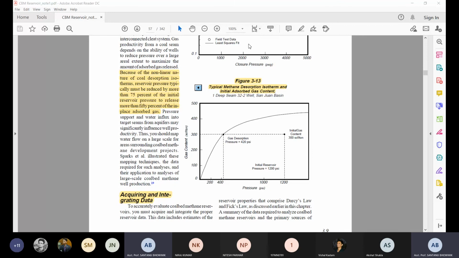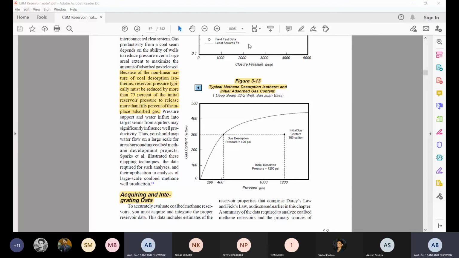What I am trying to say is that whenever you have a vertical stress, you have a pore pressure. The vertical stress minus the pore pressure is the effective stress. But when you take out the water, your pore pressure is going to reduce. So now your effective stress is increased compared to the earlier condition, and so the coal is experiencing higher effective stress.